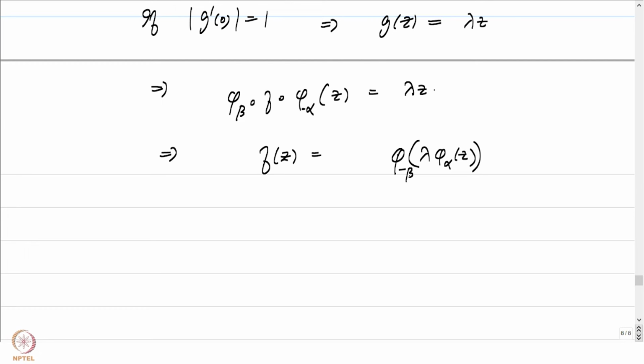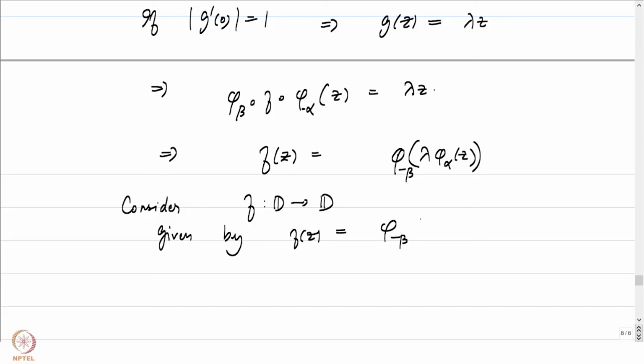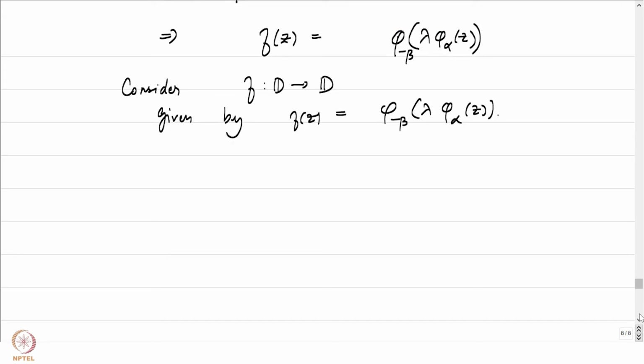And notice that phi alpha is a map from the unit disk to itself, multiplication by lambda is just a rotation, and hence it's a map from the unit disk to itself. Phi minus beta is also a map from the unit disk to itself. So consider f from the unit disk to itself given by f of z is equal to phi minus beta of lambda phi alpha of z.